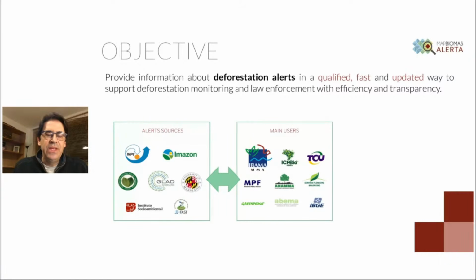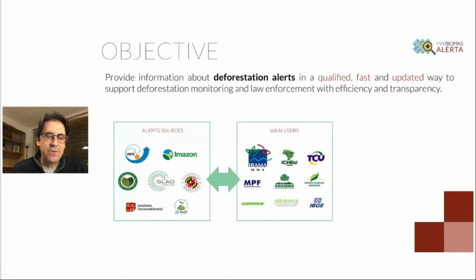But we identified a problem, which is that a very small quantity of those deforestation alerts have actually been transformed into action in the field. So we brought together the institutions that are producing alerts, like Imazon, like INPE, the Space Agency in Brazil, GLAD from the University of Maryland, and others, and also the users of those alerts in the country.